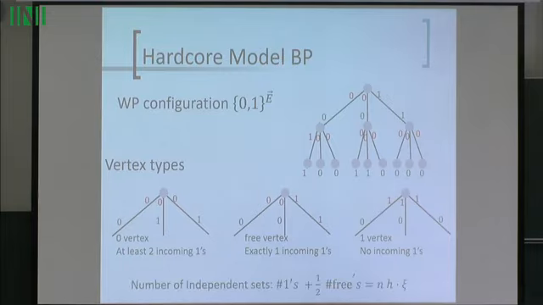So the total size of the biggest independent set that you could construct in this way would be: you take all of the type 1 vertices and half of the free vertices. For each of these edges where you have two 1s on it, you pick one of the endpoints.